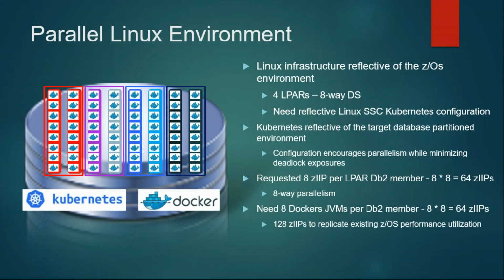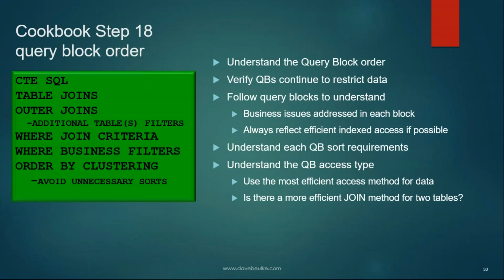So I need 128 zIIPs to replicate my existing z/OS performance. So it really comes down to the number of processors: it's cheaper to do it in a native DB2 z/OS environment.